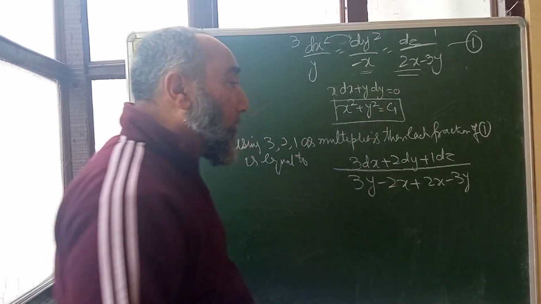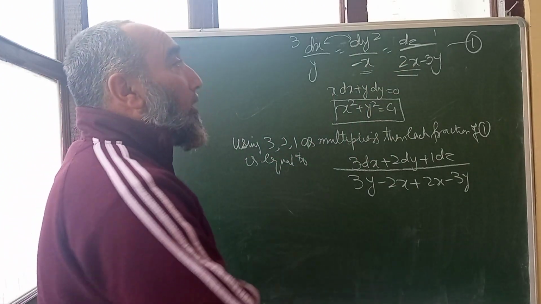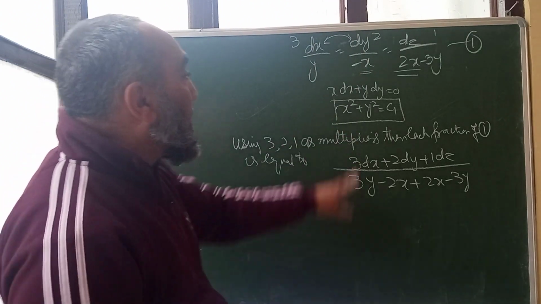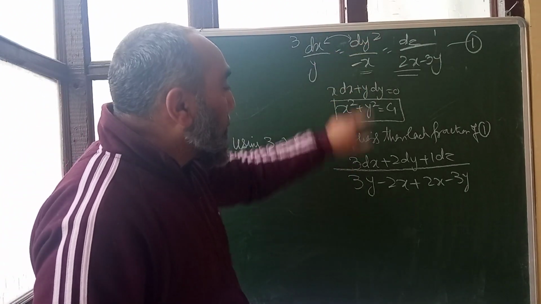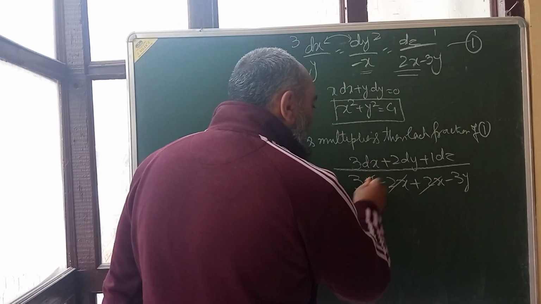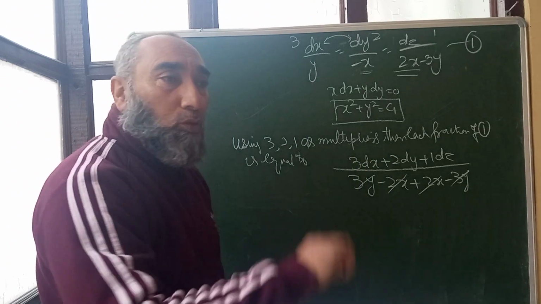Minus 2x and plus 2x will cancel. I have to take minus either in the numerator or in the denominator. I cannot take in both. That's why I have taken here. I have multiplied 2. It will be minus 2 over here. Then see, denominator is 0. And you have seen that when denominator is 0, so is the numerator.